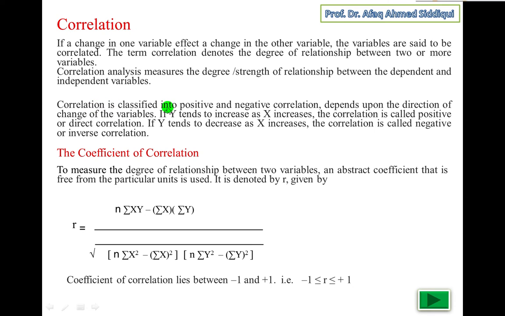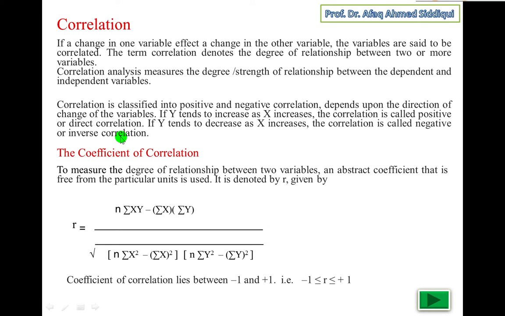Correlation is classified into positive and negative. Correlation depends upon the direction of change of the variables. If y tends to increase as x increases, the correlation is called positive or direct correlation. If y tends to decrease as x increases, in the opposite direction, the correlation is called negative or inverse correlation.